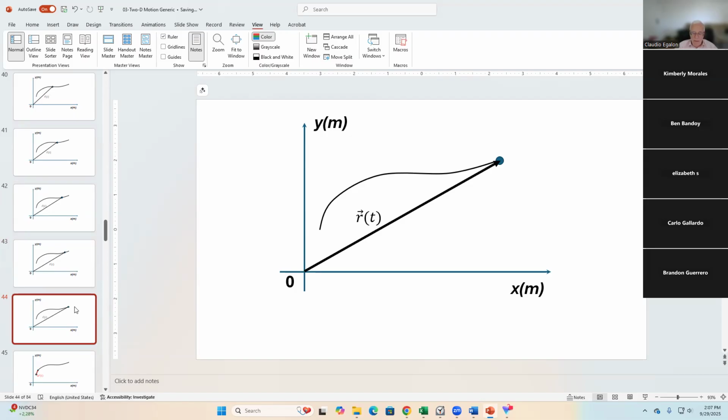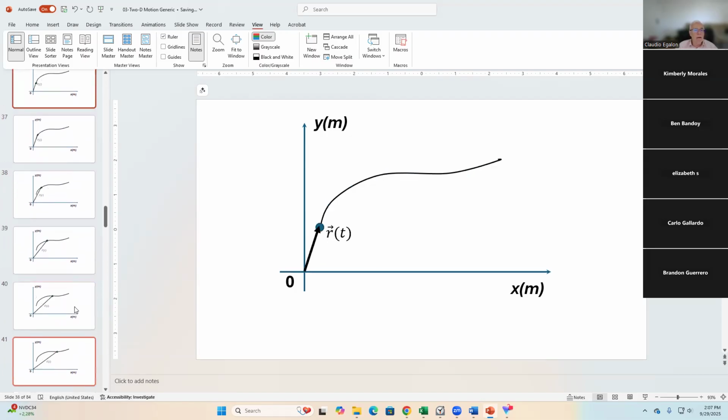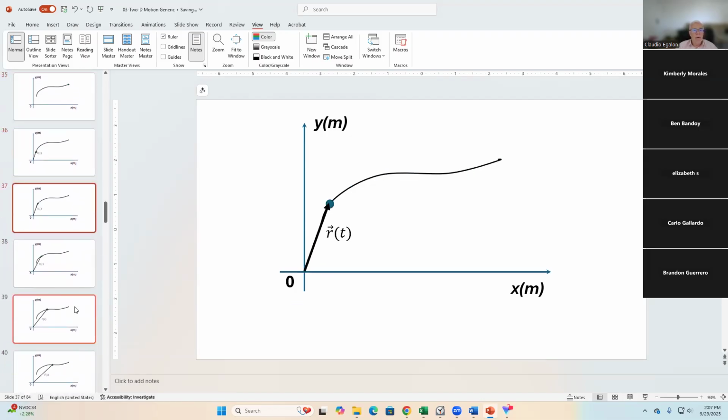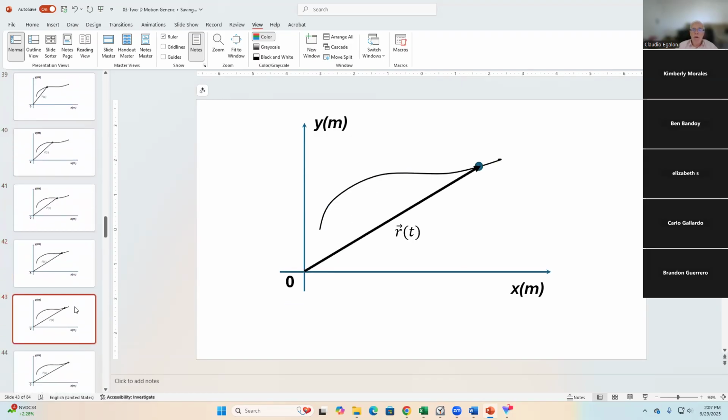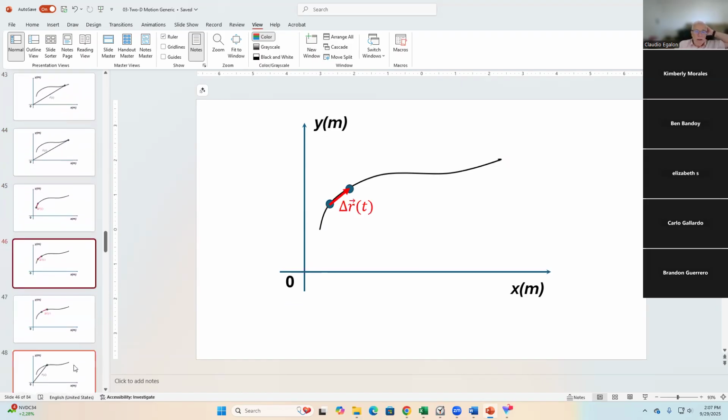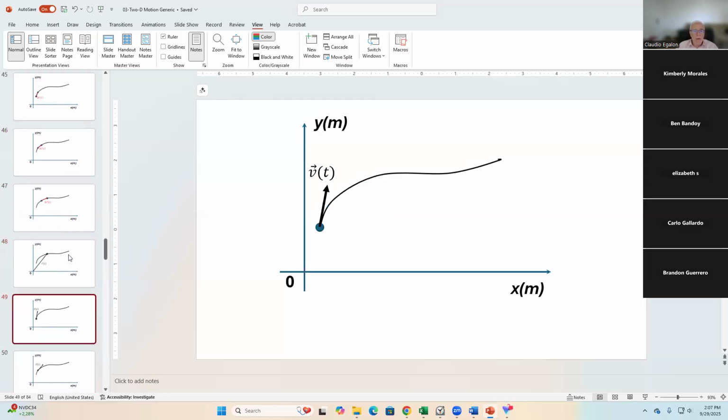Playing the movie, right? Let's play the movie again. Look how the position vector changes as the particle moves, right? And here's the delta R. We already seen that. Let's not beat a dead horse, right? And here is the velocity vector tangent to this path. I'm not going to do everything because it's too much work, right?